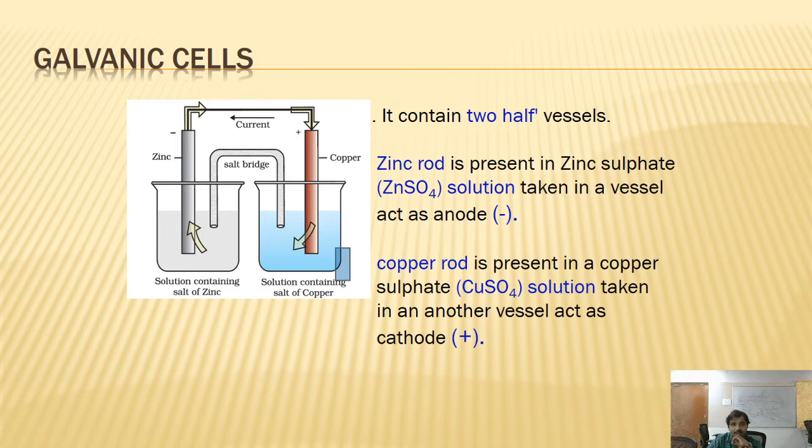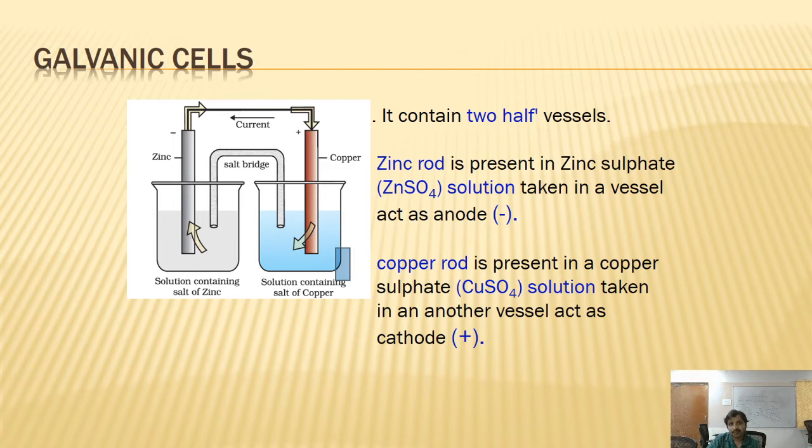In the zinc sulfate solution, a zinc rod is dipped, which acts as anode, and a copper rod is dipped in the copper sulfate solution, which acts as cathode.